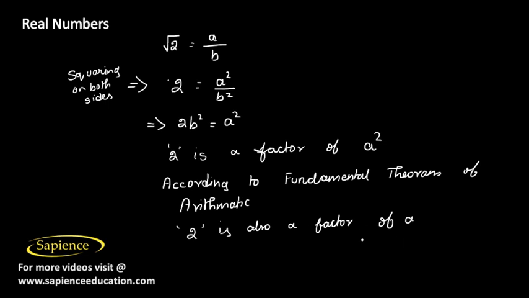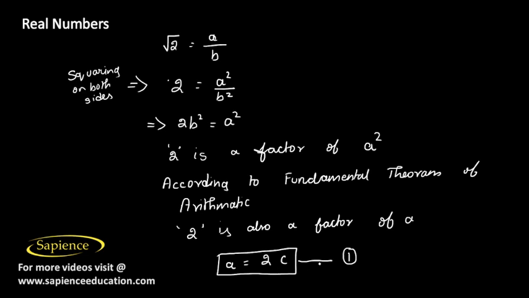So from this we can write a is equal to 2c. Since 2 is a factor of a, we can write a is equal to 2 into some other number. We have this as equation 1.